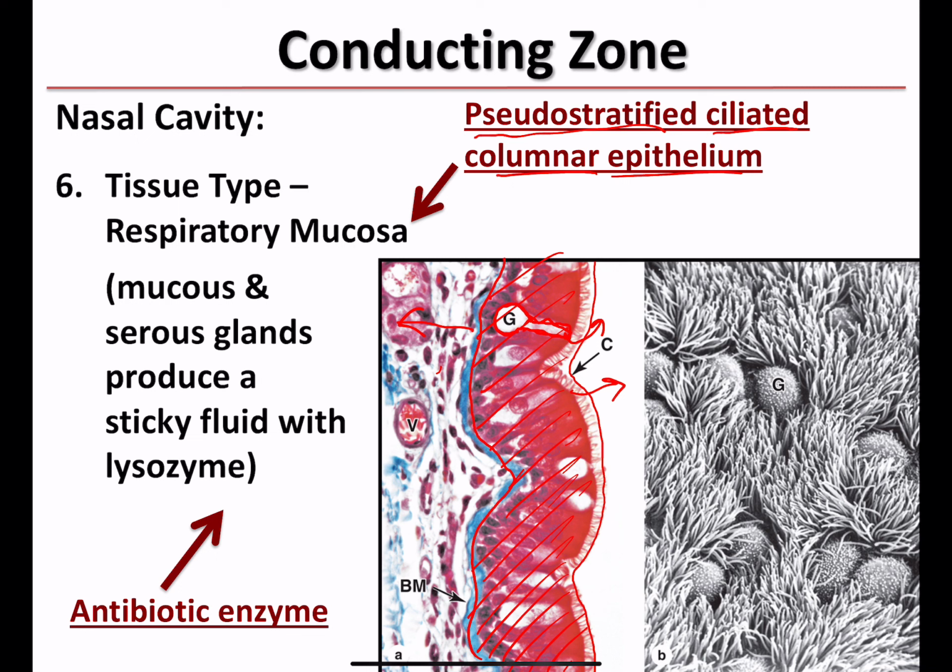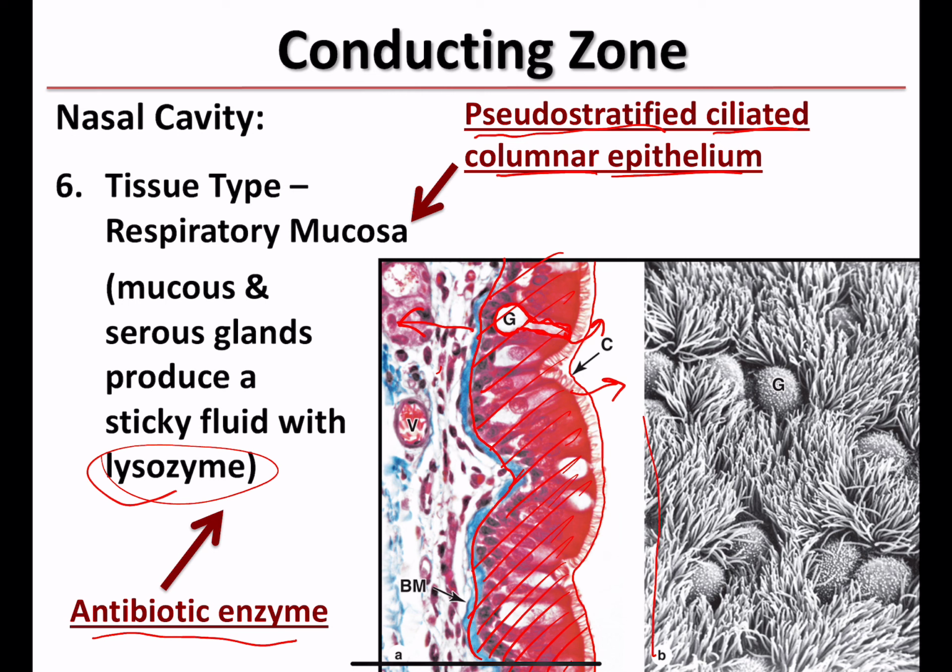Another thing that this mucus and serous fluid contains is an antibiotic enzyme known as lysozyme. And we make a tremendous amount of this mucus every day. We end up just swallowing most of it. We actually end up making about a liter or a quart of it every day, which is really hard to fathom. It's a tremendous amount of fluid, but most of it we just end up swallowing, and then digesting it and recycling those resources.